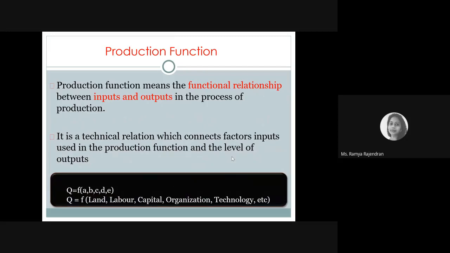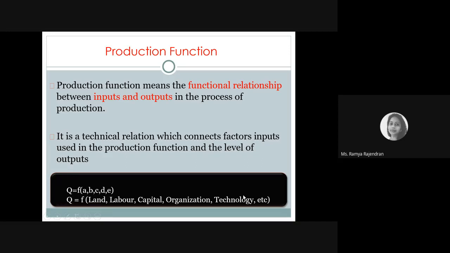Actually, this function explains the relationship between the inputs and the outputs in the process of production. So it says here Q is the production function of A, B, C, D, E, where A is your land, B is your labor, C is your capital, D is your organization, T is your technology, and it goes on.